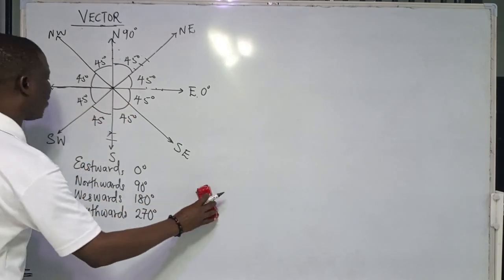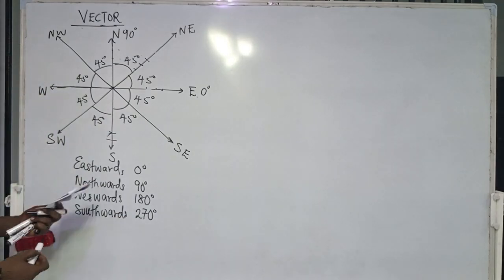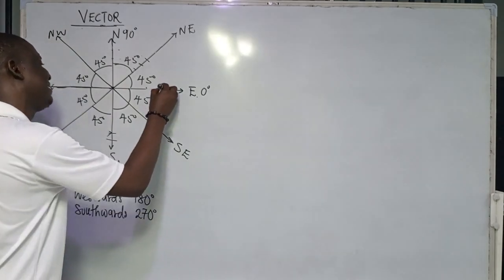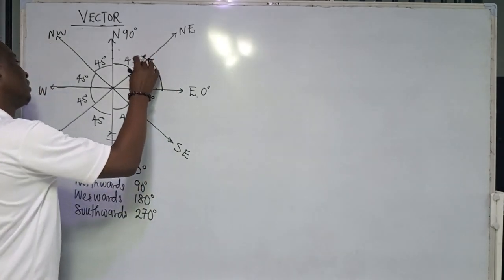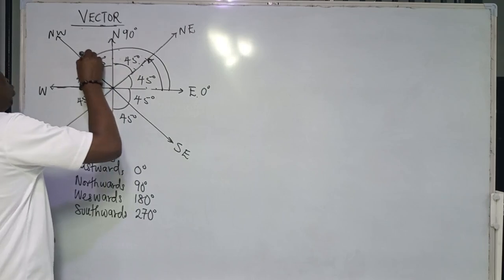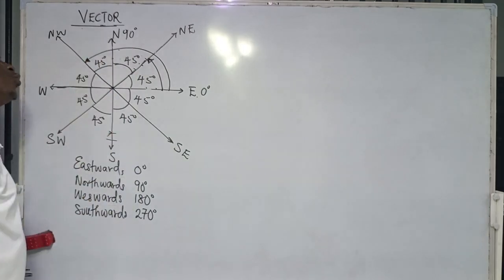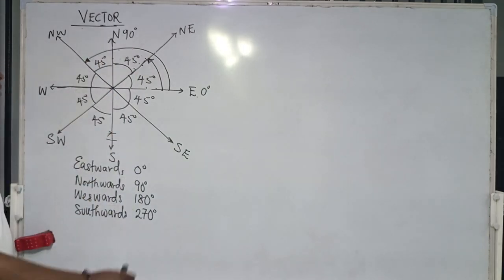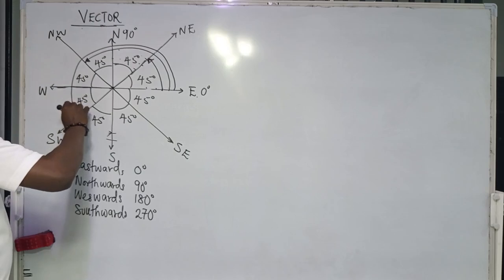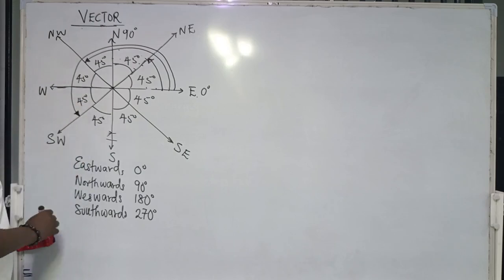But you know that all our angles must be measured from the east in an anti-clockwise direction. So I rotate this east to meet up with north-west. I rotate this one to meet the south-west.